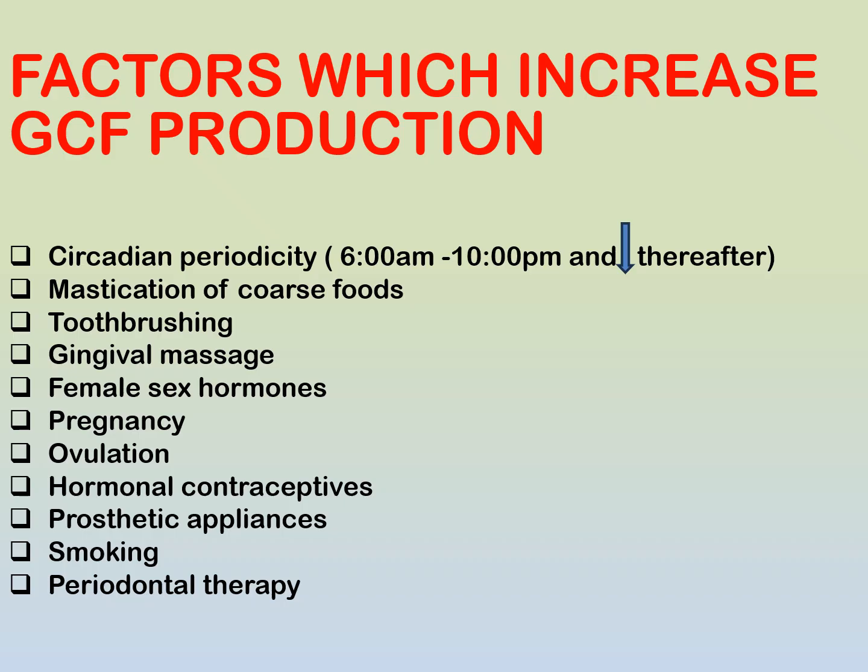Female sex hormones, ovulation, pregnancy, and use of hormonal contraceptives also lead to an increase in GCF flow. Smoking and prosthetic appliances also increase GCF production. Studies have shown that GCF production is increased during the healing period after periodontal surgery.